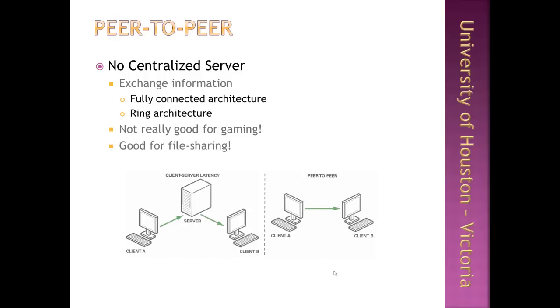Or information can pass through one or more clients as it goes along on its way to the destination client. This is called the ring topology. In our talk, when we talk about peer-to-peer, we assume that it's a fully connected topology, so we're not interested in ring topology. We talked about ring and token ring mechanisms in network communication in the last unit.